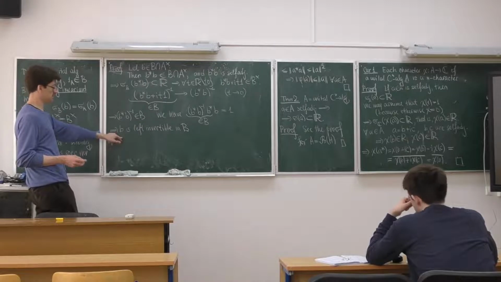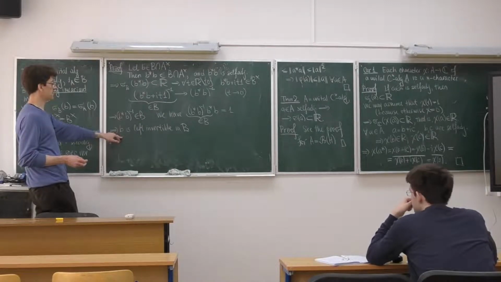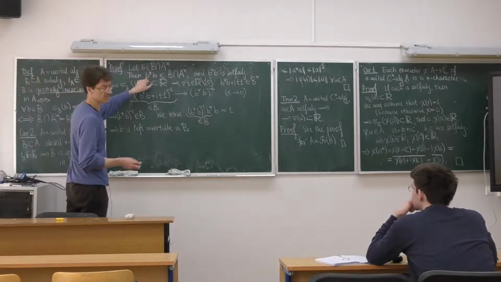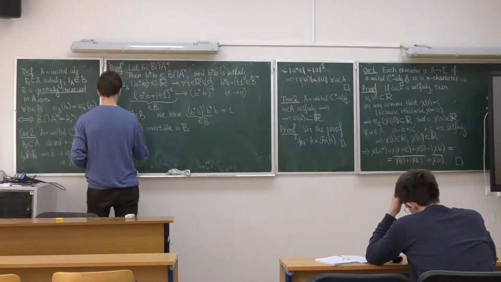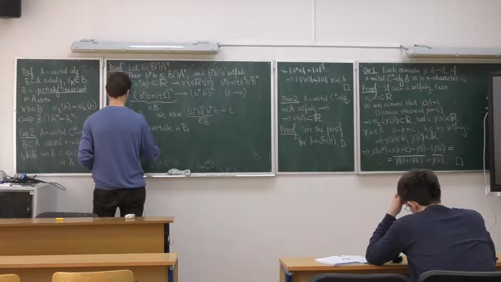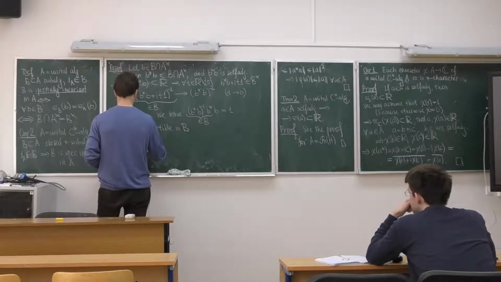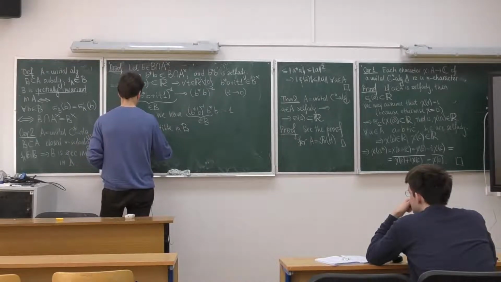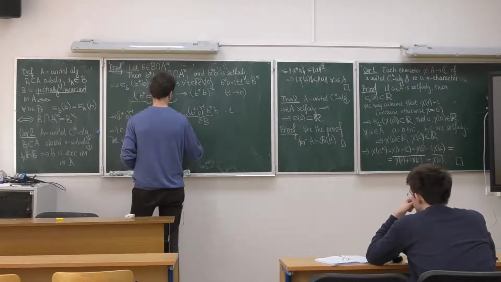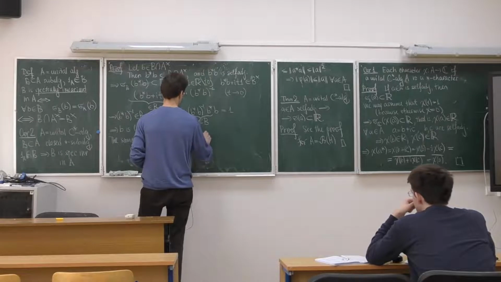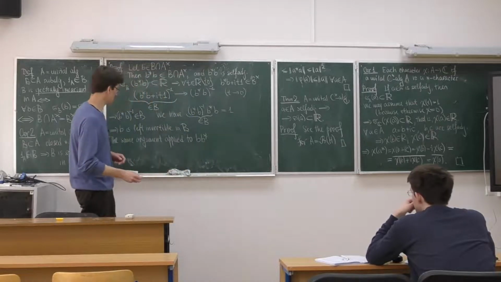Now to show that it is invertible, we can apply the same argument to the element b b star. And it's easy to see that the same argument applied to b b star, which is also self-adjoint, shows that b is right invertible.